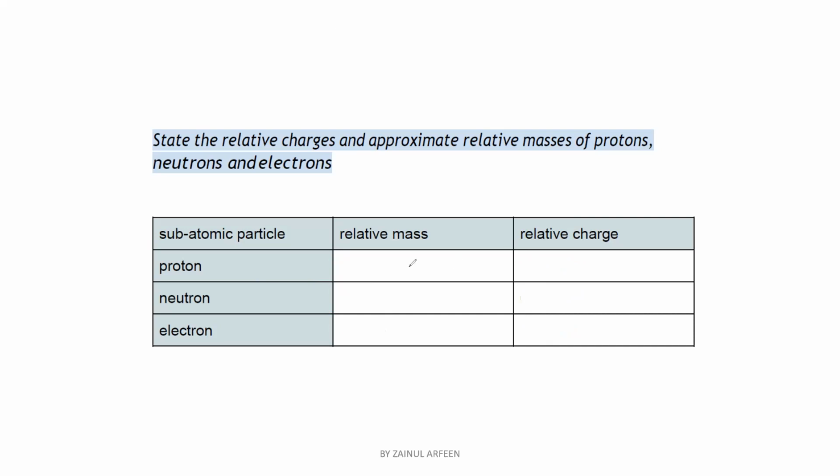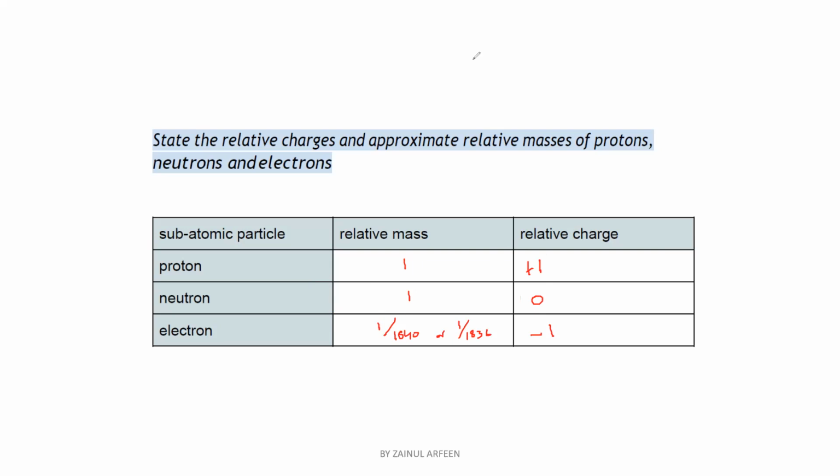We'll write 1. For neutron, we'll write 1. And for electron, you can write 1 over 1840, or you can write 1 over 1836 or 1837. Both are acceptable. And the charges: proton is positive, neutron does not have charge, and electron is negatively charged. So that's why the whole atom is neutral.